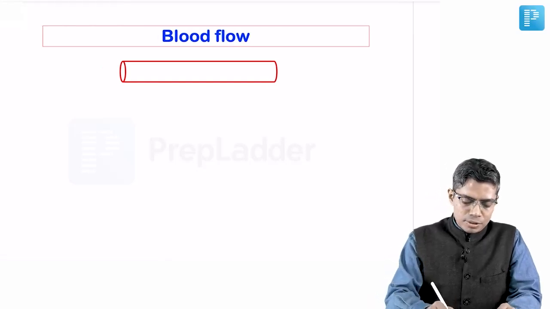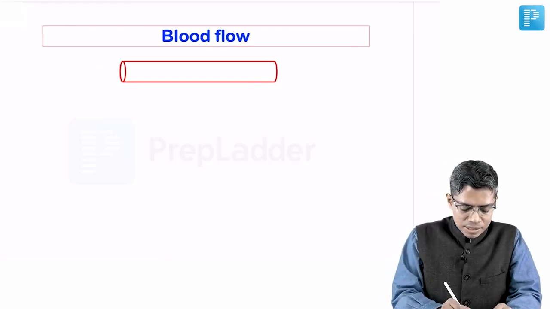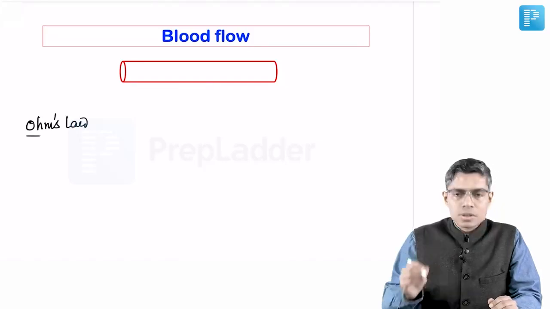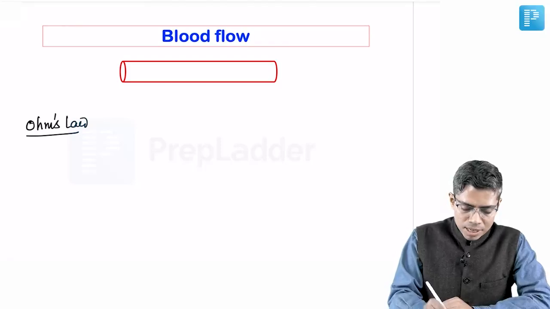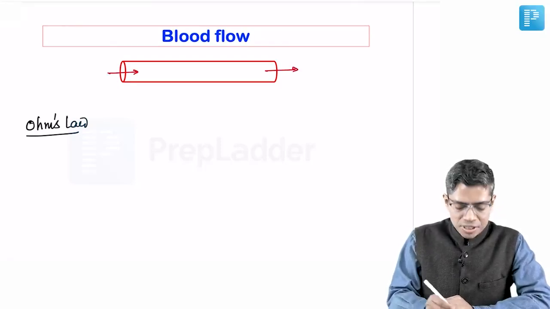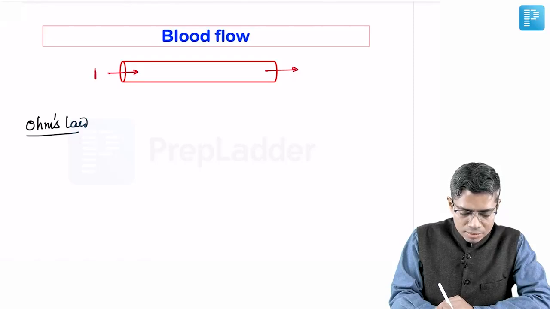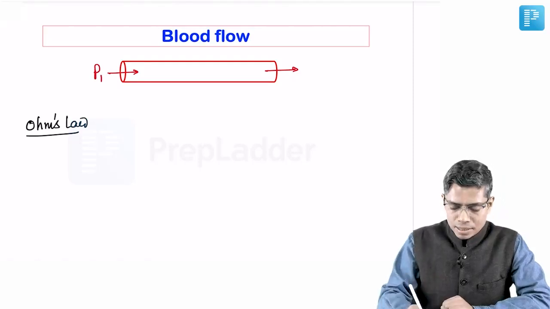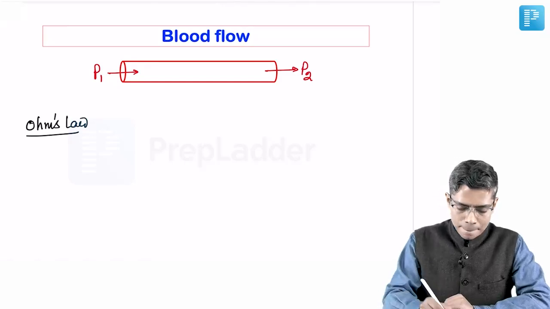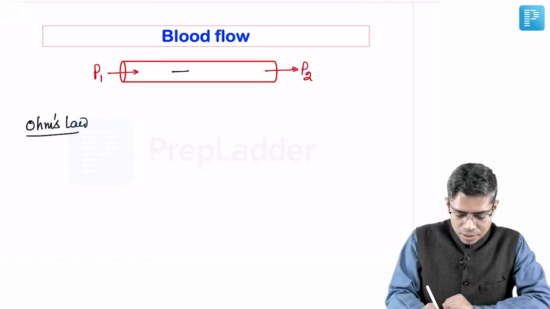The calculation will be done by a basic law, which is nothing but Ohm's law. Suppose the blood is flowing through these vessels. The pressure at one end of the vessel is P1 and the pressure at the other end is P2, and the resistance of this vessel is R.